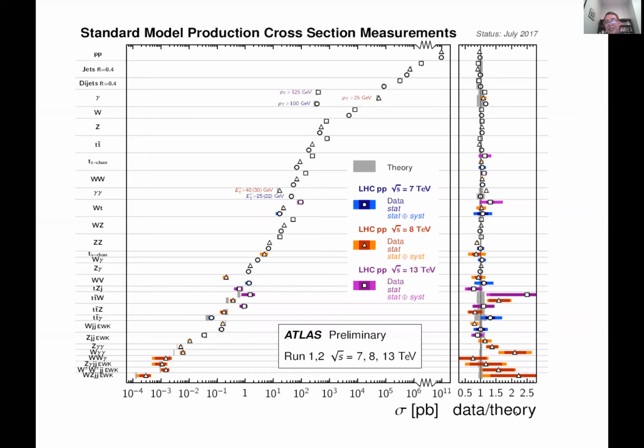Theorists have also been calculating those cross sections, and the right panel of this plot shows the ratio of theory and experiment. If the experiment agrees with theory, you get 1. And you can see that many of these dots are clustering around 1.